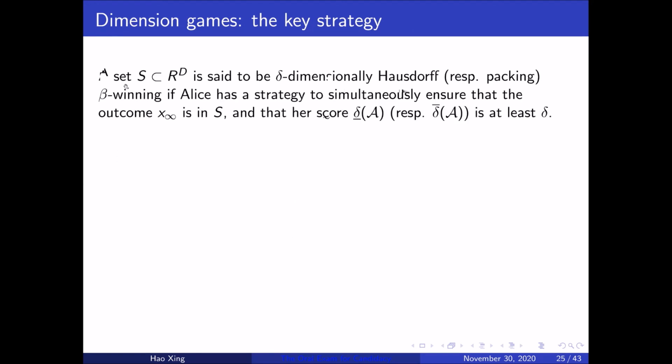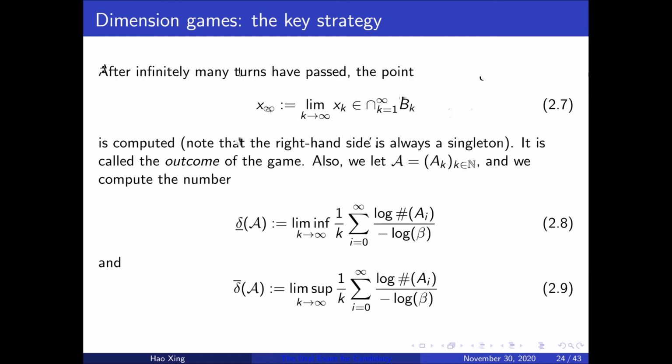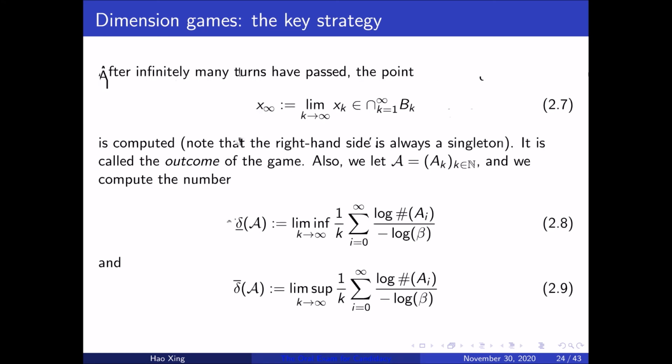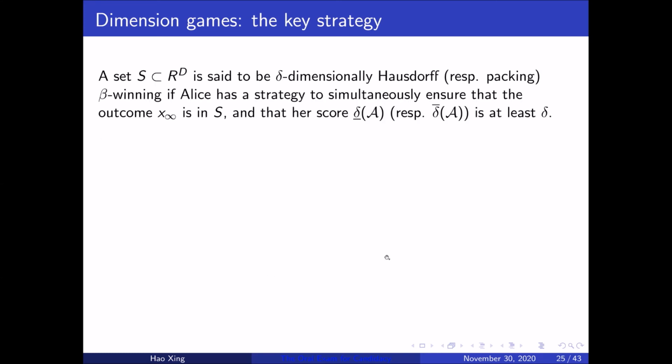Now we say a set S in R^d is said to be delta dimensionally Hausdorff or respectively packing winning if Alice has a strategy to simultaneously ensure that this x sub infinity is in set S, and that this lower delta, or respectively upper delta, is at least delta.